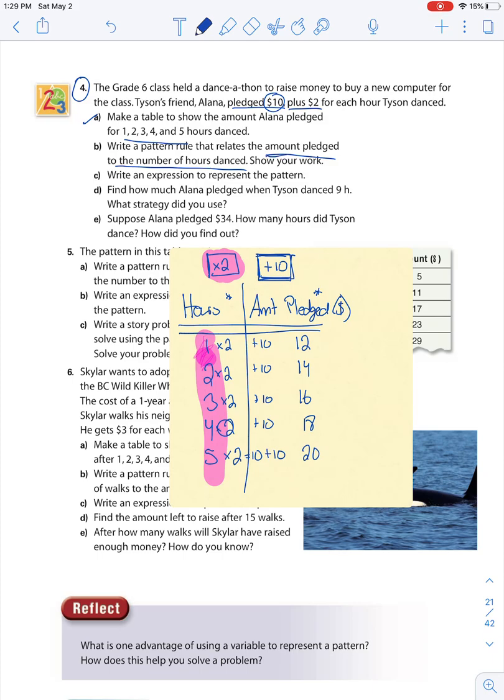Actually in this case, we're relating the output to the input. You can do it in 2 ways. If you're going from the amount pledged to the number of hours, we're working backwards through the machine. So we would start at 12 because we're starting backwards.